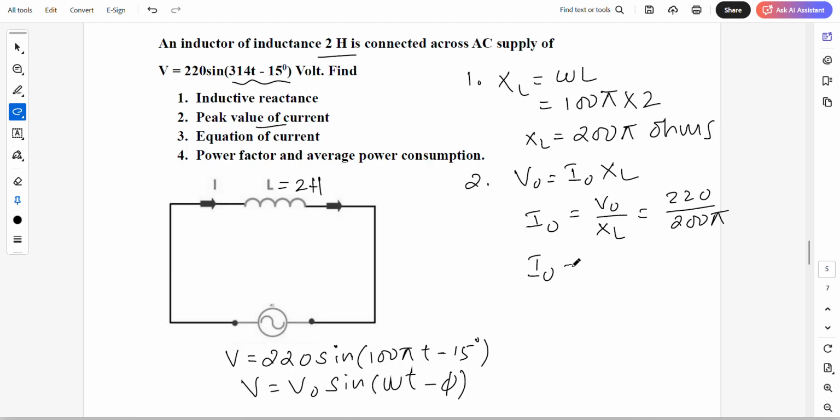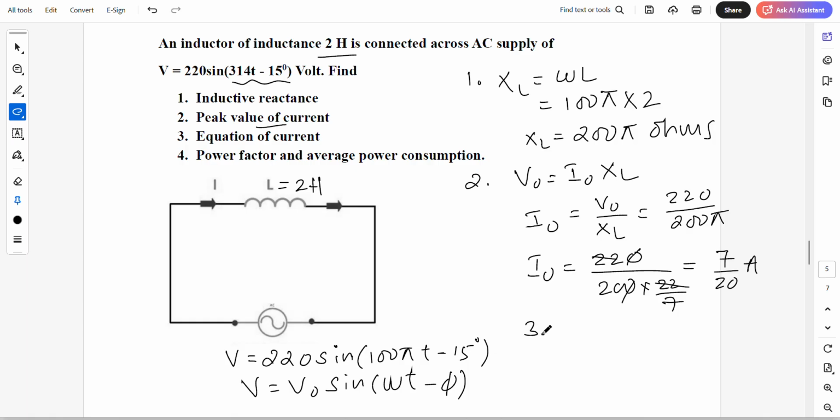I can write this as I naught is equal to 220 divided by 200 into pi, which is 22 by 7. This 0 cancels, this 22 and this 22 cancel. That is equal to 7 by 20. You get 7 by 20 amperes. I naught is 7 by 20 amperes.